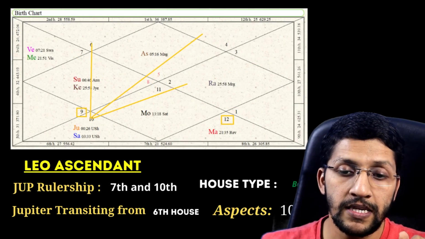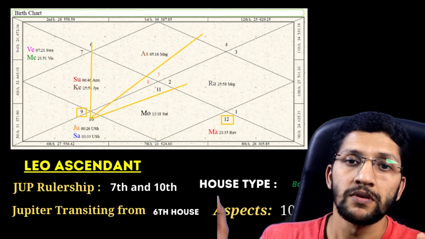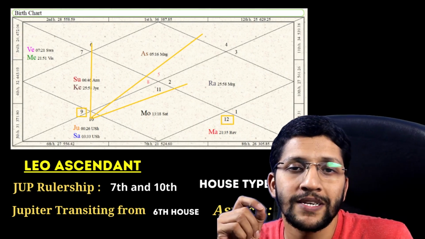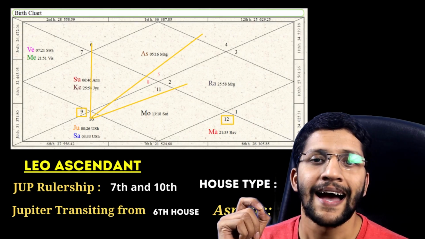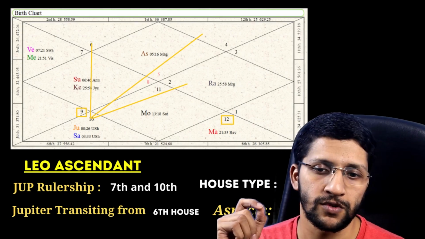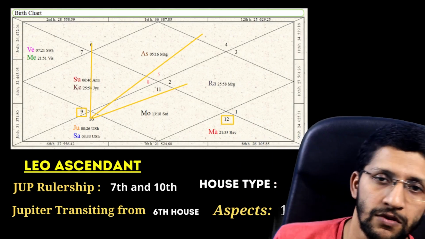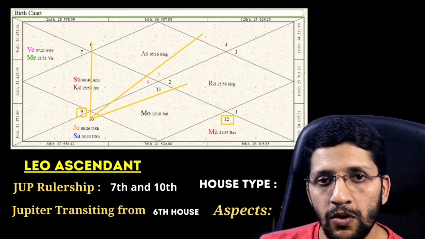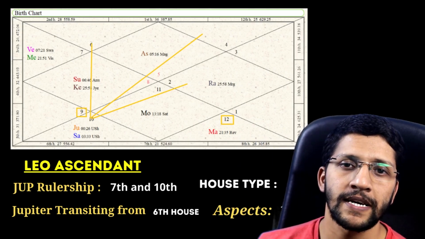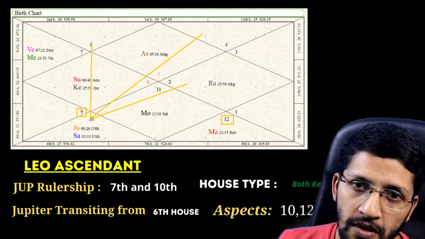For Leo Ascendant, Jupiter is ruling the 5th house of the horoscope and the 8th house of the horoscope, and now it is placed into the 6th house. So when the 8th lord goes into the 6th house of the horoscope, it creates a Viparita Rajyoga.